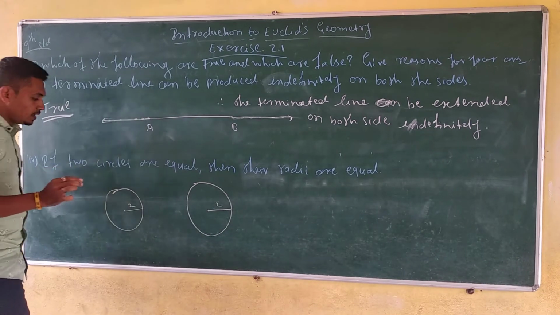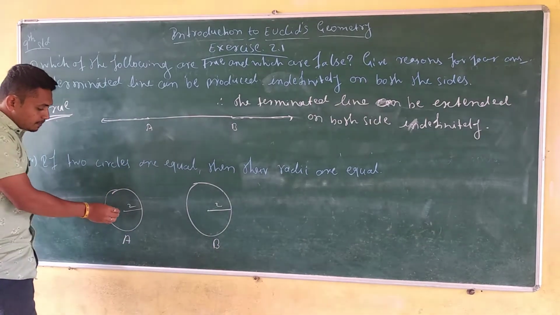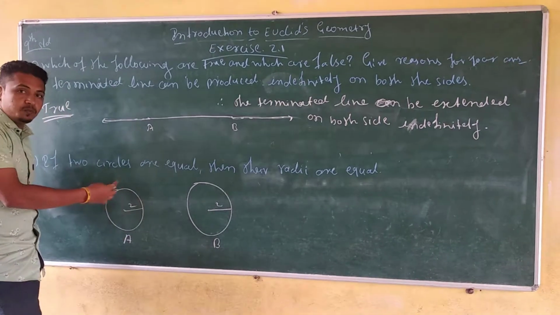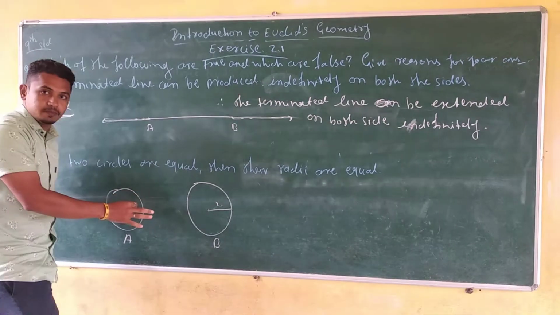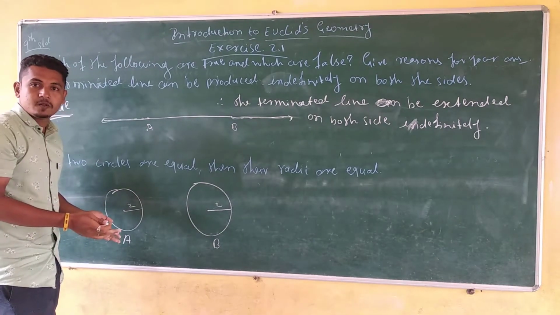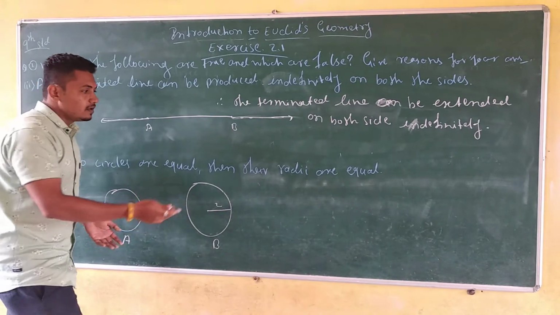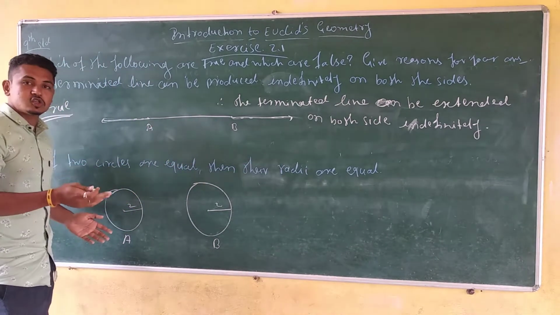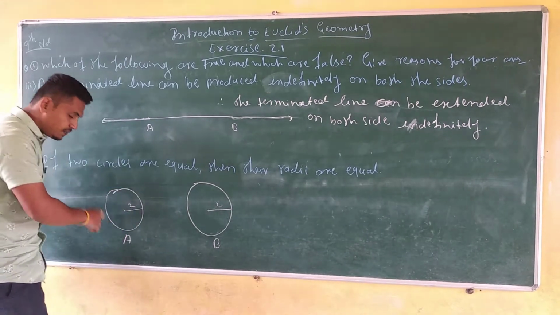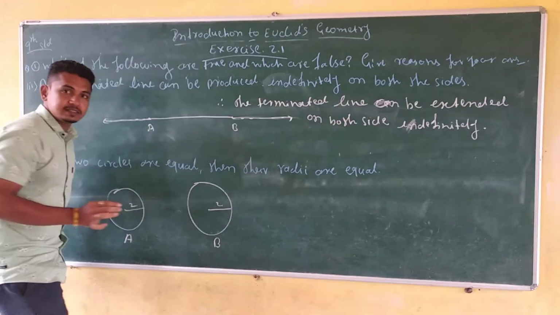This is circle A and this is circle B. Their center is the same, and the circumference is also the same. So now we can call these two circles equal, and obviously the radii are also equal. See here, the radius is 2, the radius is 2. At that time, their circumference is also equal to each other.